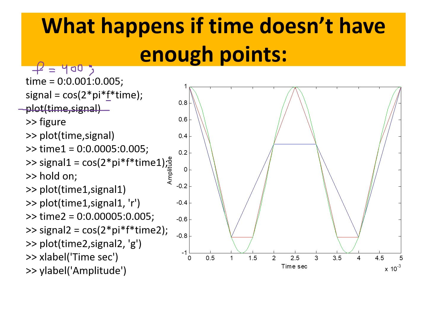We're starting from 0 to 0.005, and every time we increment 0.001. How many points do you think we have? Look at the right side of your MATLAB and look at the time. How many points in time as a vector? You can do this by looking at MATLAB, or you can divide 0.005 by 0.001, which is actually 5.